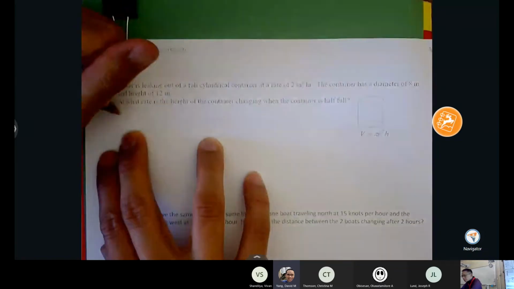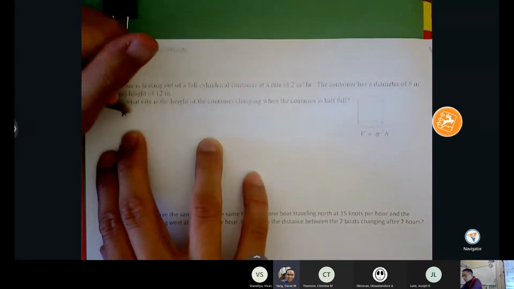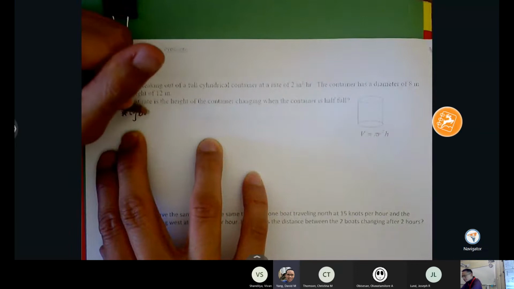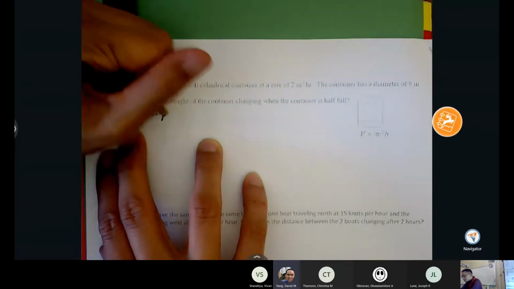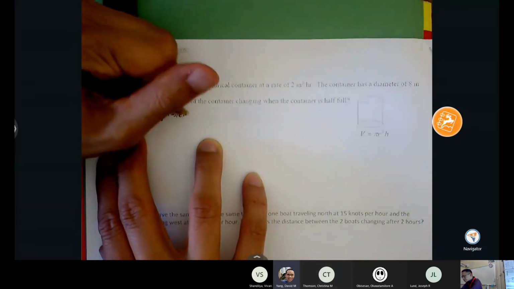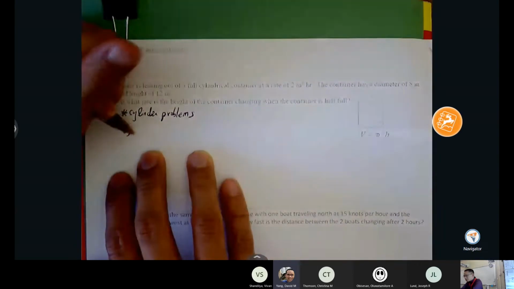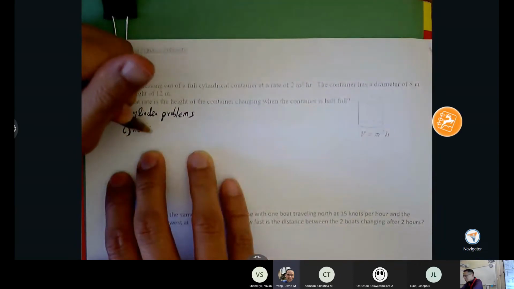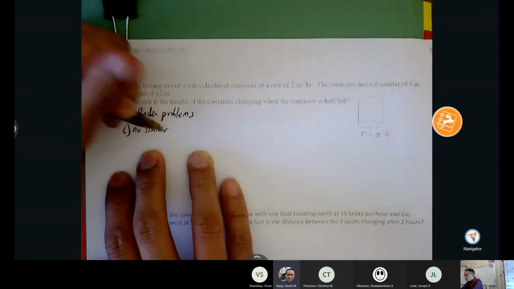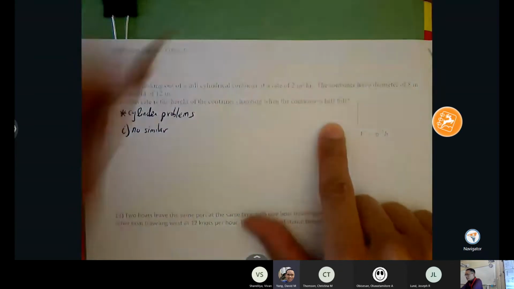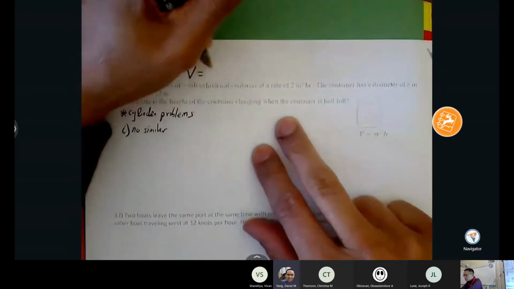So a couple of things to keep in mind with cylinder problems. The first thing is there are no similar triangles, even though the formula looks a lot like cones.